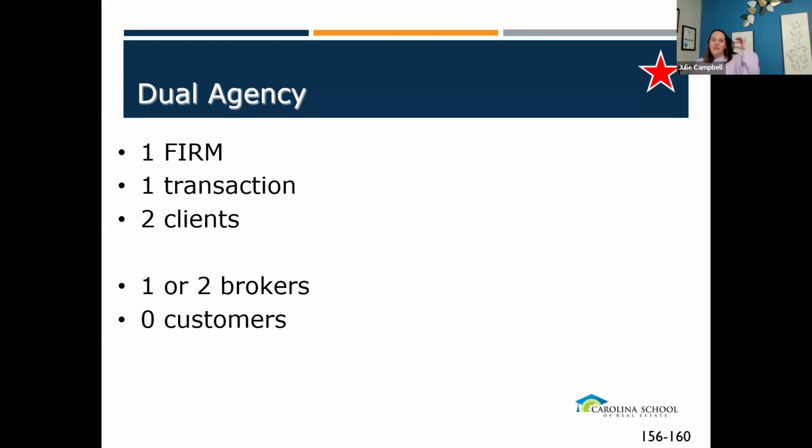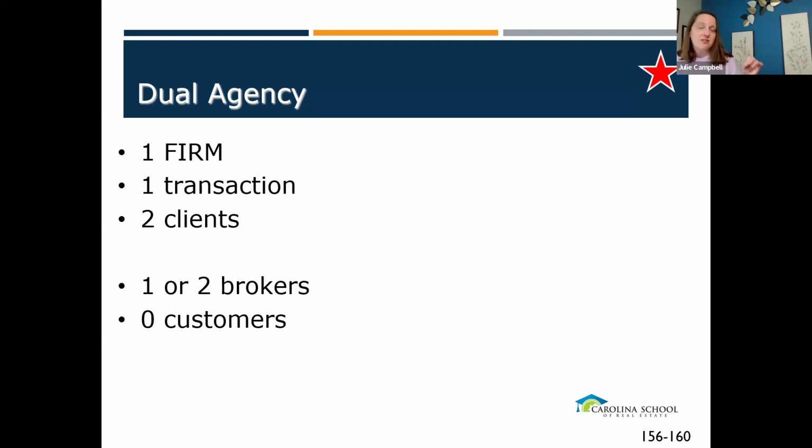Dual agency can be one broker working with the seller and the buyer. It can also be 2 brokers, one working with the buyer, the other working with the seller. What I really need you to understand is that dual agency is about the firm. Dual agency is what is best for the firm.